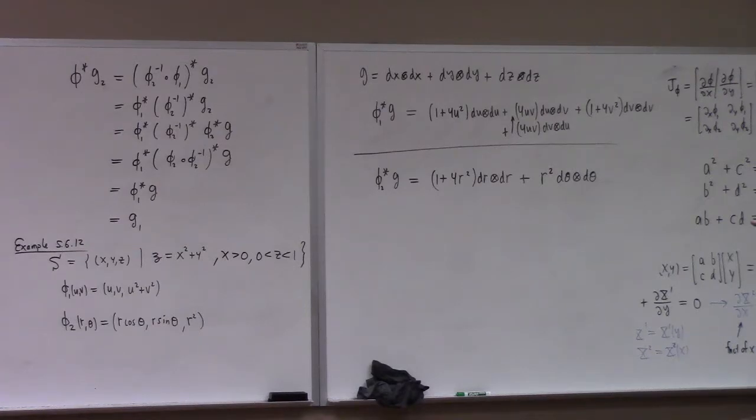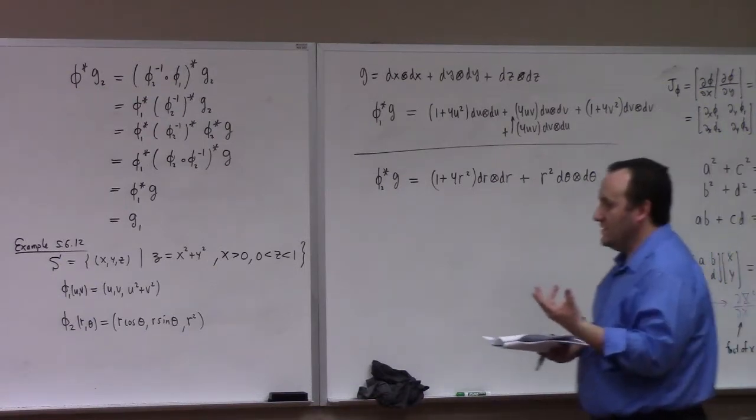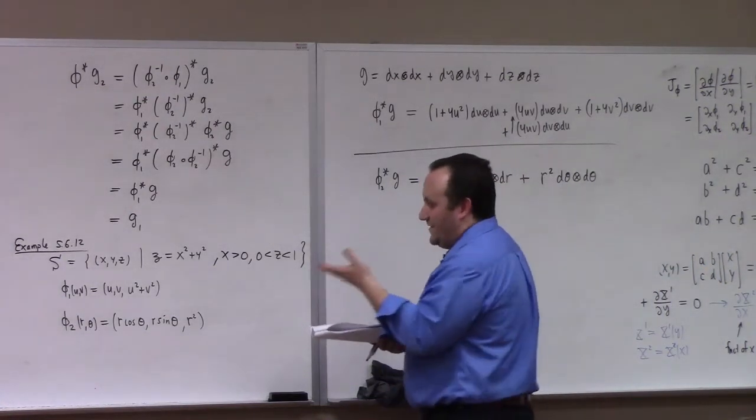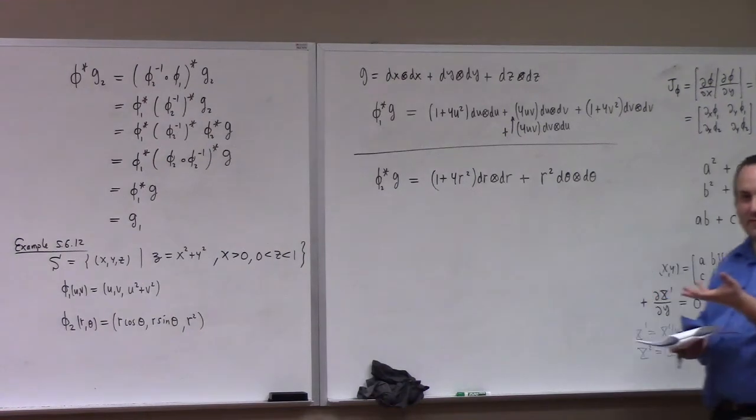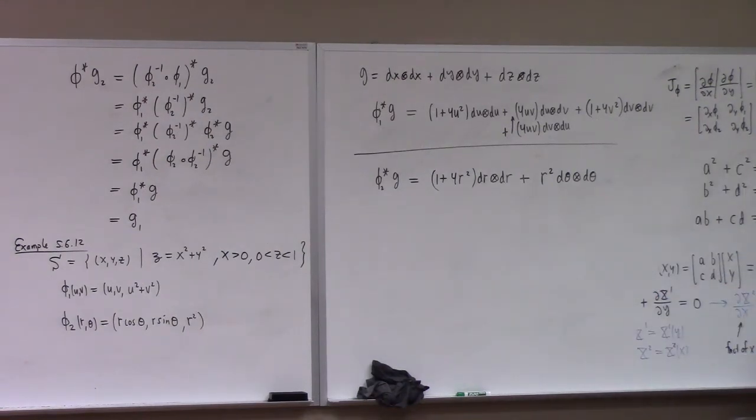Because they're isometric, and that metric is diagonal, which is way nicer, right? So what he says is, basically we're giving two different models for the same Riemannian space. To me, the Riemannian space is the paraboloid, with the induced metric from R3, and these pullback metrics in the planar models, right?